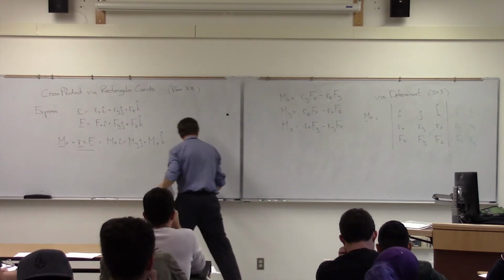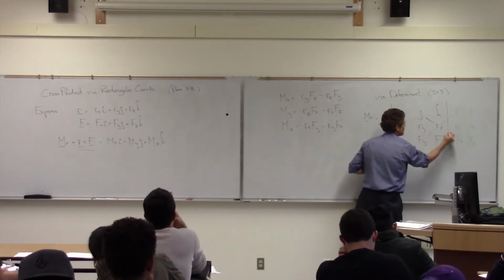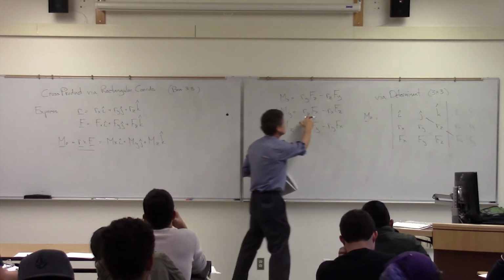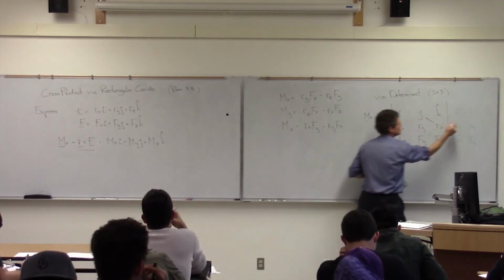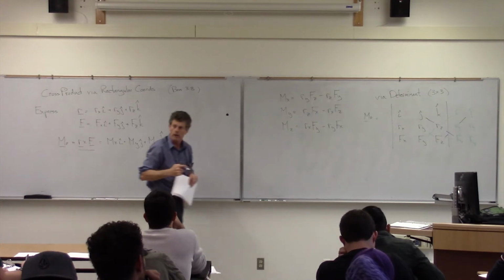We'll pick another color. For the j, rz times fx. And then the negative will be rx times the fz.